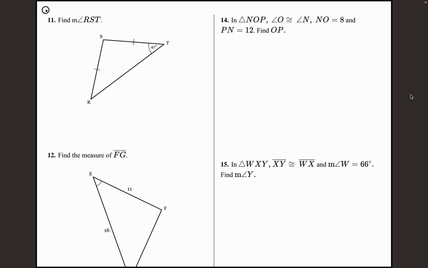The sides have those. Angles have these. You just draw it. So VW is congruent to WX. Yep. Does that make sense? You just go directly opposite. I just didn't know they were congruent or not. Yeah, okay.